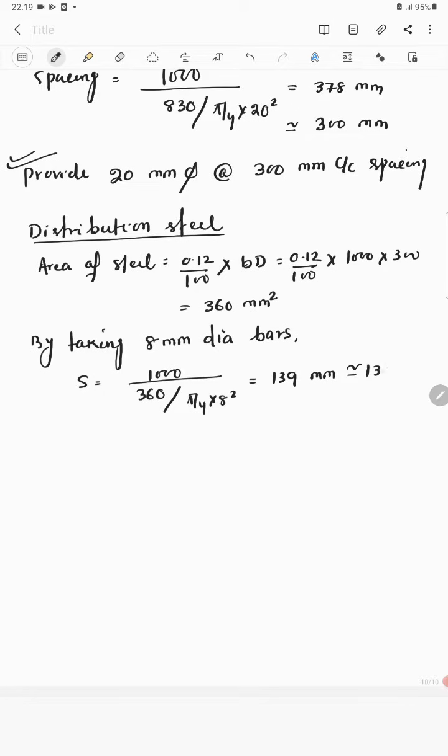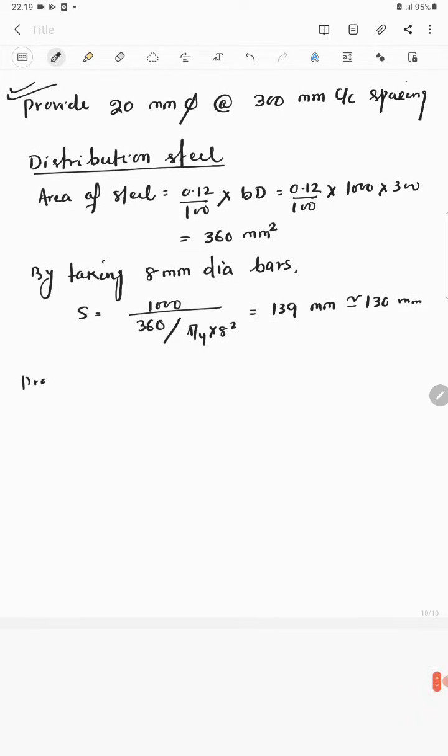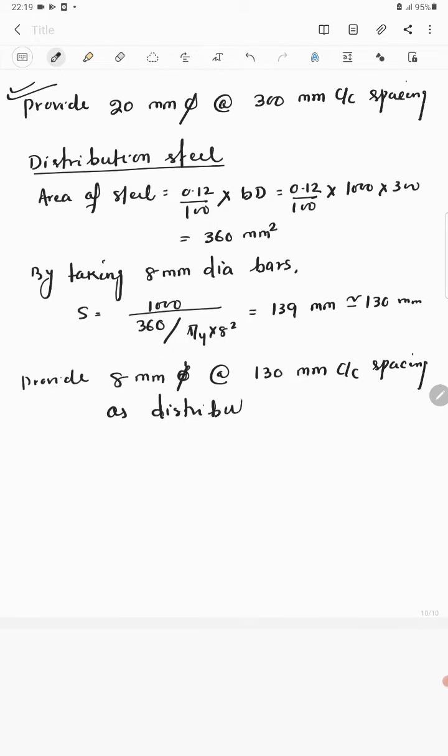So let's take 130, it will be safe. So let's provide 8 mm dia bar at 130 mm center to center spacing as distribution reinforcement.